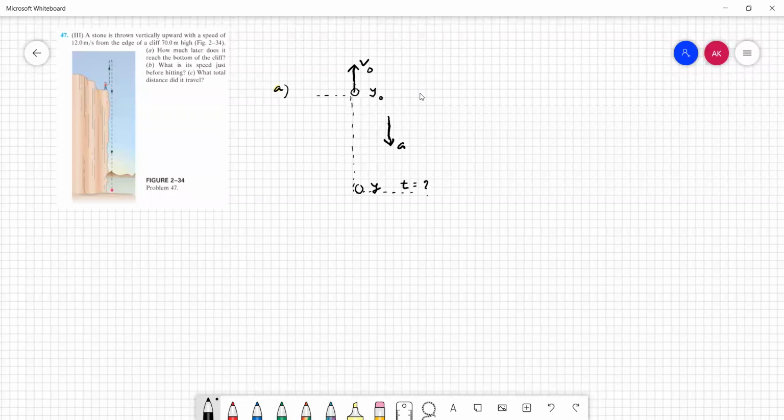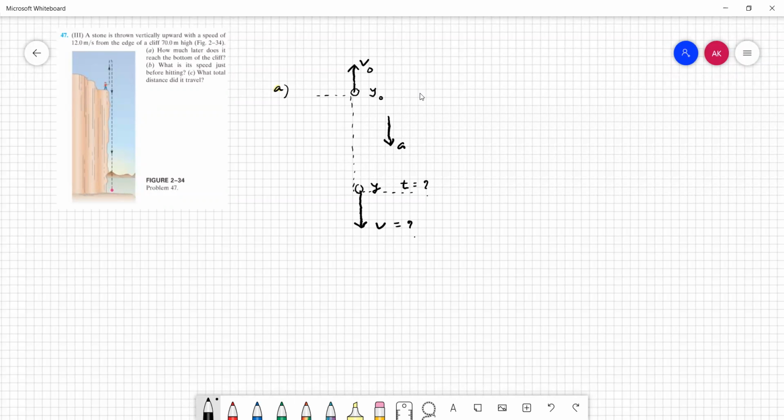Do we know the final velocity at the ground? Is it 0 or other than 0? It's other than 0. Very good. And we don't know how much it is; we cannot even guess at that point.